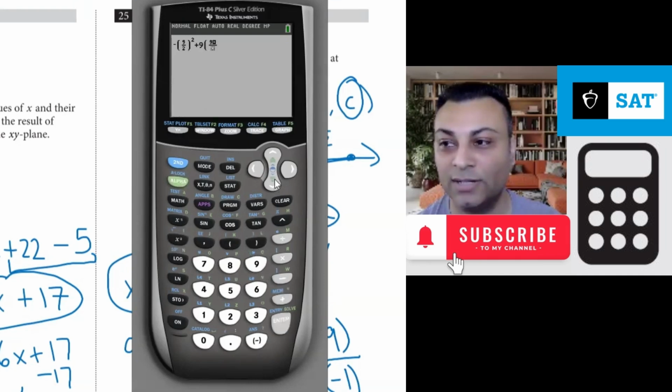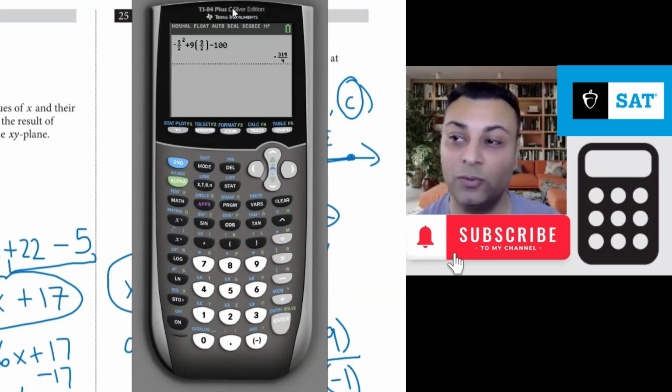So you have 9 over 2 minus 100. Negative x squared plus 9x minus 100, where the x coordinate we will be using is 9/2. And you get an answer of negative 319 over 4.